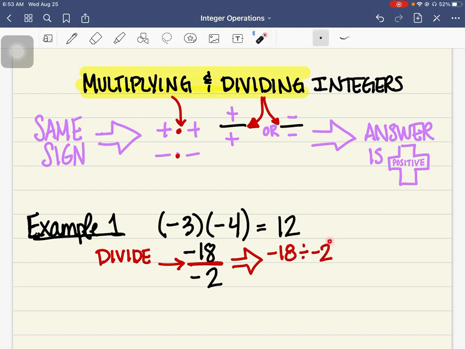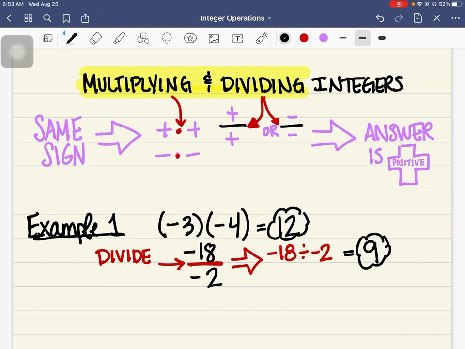It means the same thing as this, but this is how you're going to see division, and this is how we're going to write it. So we need to get used to that. The answer here is, well, if they're the same sign, it is positive, and 18 divided by 2 is 9. So our answer is 9, and this one was 12. See how our answers are positive answers?